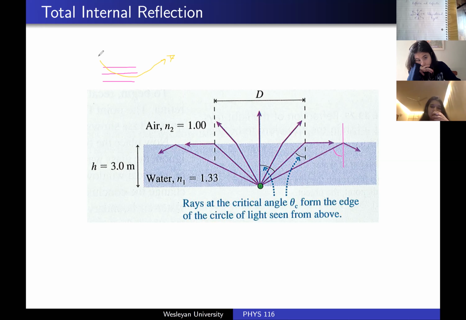So your eye thinks that this light ray must have come from down here. And so it looks like you've seen the reflection of something in a pool of water, but there isn't any water there.